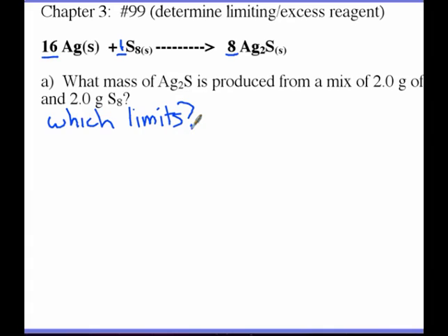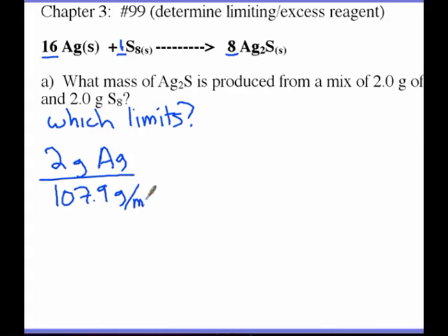We first have to convert into moles. So let me do that first. So we have 2 grams of silver. We divide that by its molar mass, which is 107.9 grams per mole. And we get 1.9 times 10 to the negative second moles of silver.